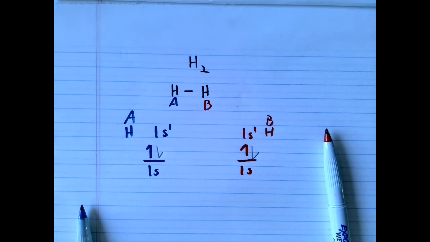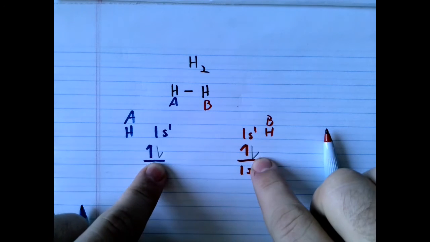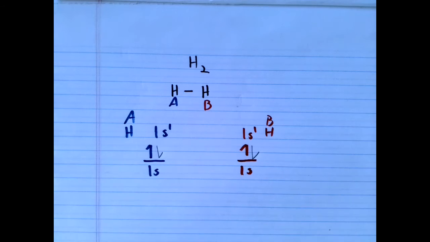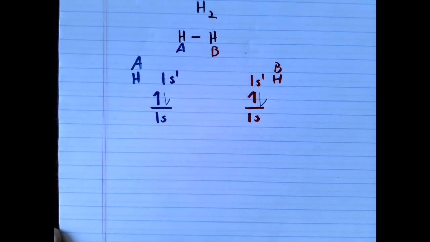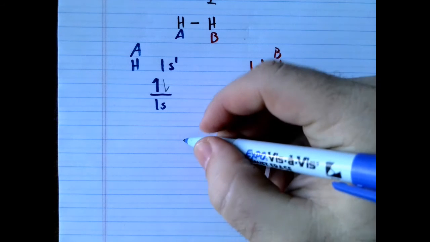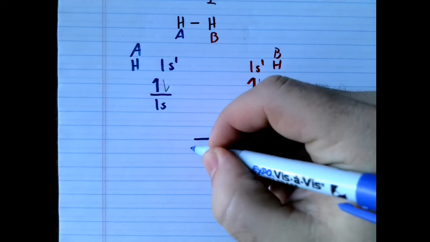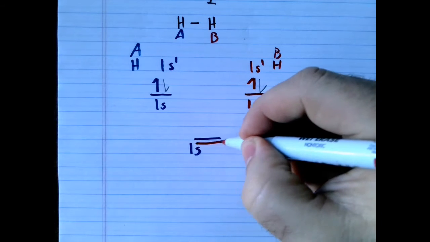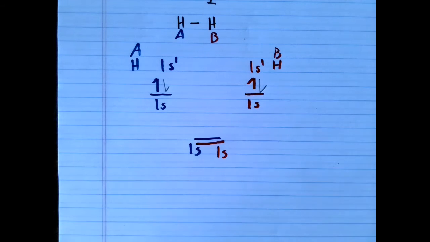They want those shells filled, and so in order to fill them, they will overlap their orbitals. Now there's a lot of complexity to this theory, so we're going to keep this nice and simple. We're just going to look at how these overlap. So here I've got my 1s from blue, and the same thing is overlapped by the 1s from red.